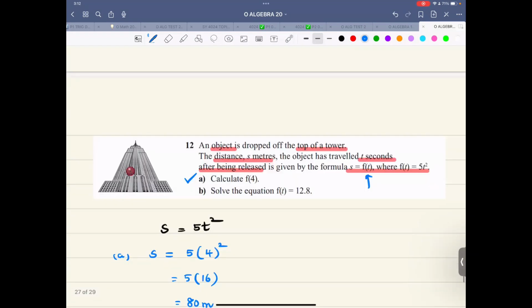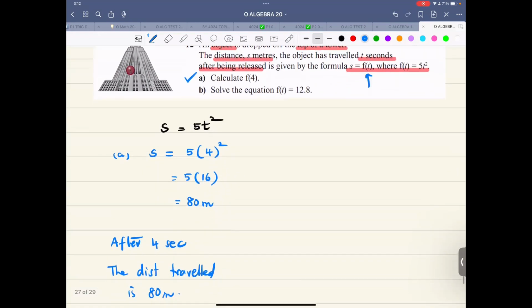That's what it's doing. Solve the equation f of t is equal to 12.8. Part B, f of t is equal to 12.8. Let me grab my calculator. So first of all, f of t is 5t square is 12.8.